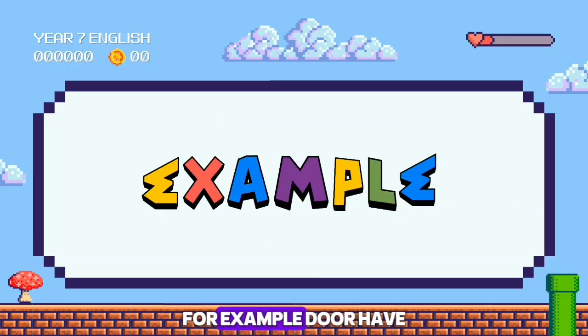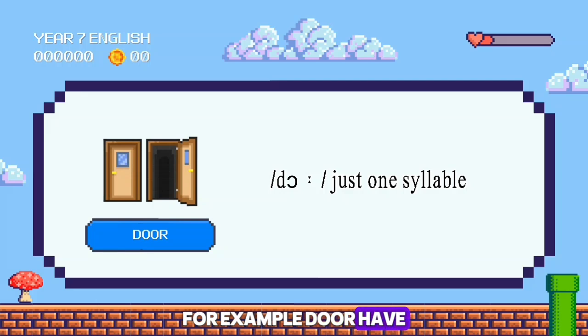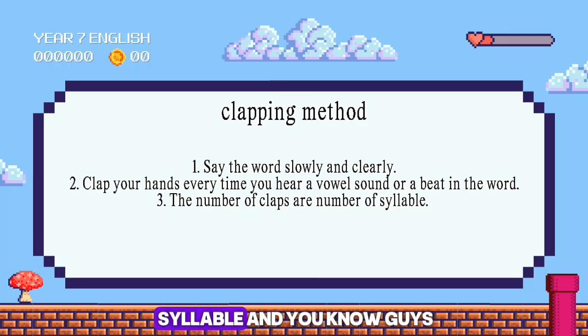For example, door has one syllable because when we say the word slowly, door, we can clearly hear only one vowel sound, which is the sound O. A syllable is defined as a single unit of sound that contains one vowel sound, and in this case, door has just one. So, door has one syllable.